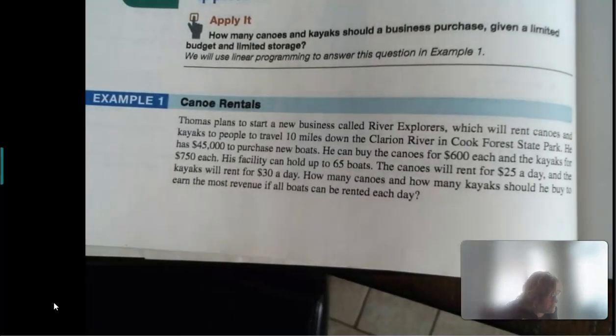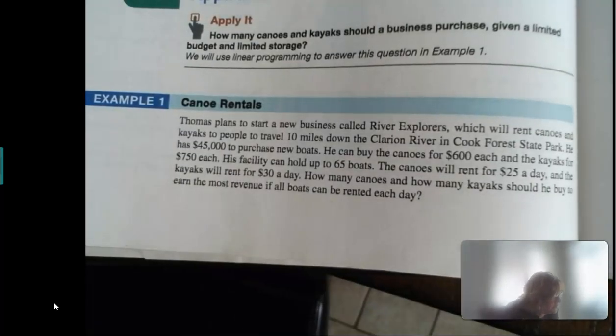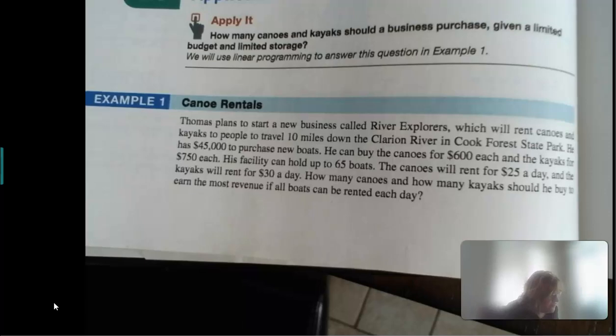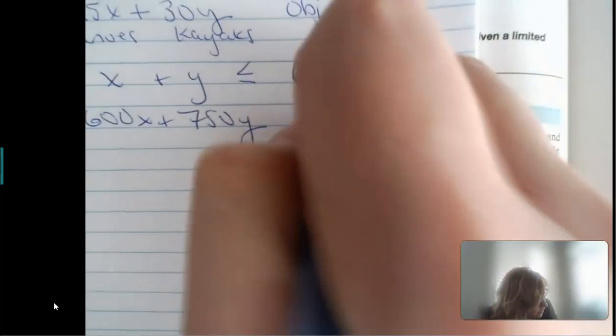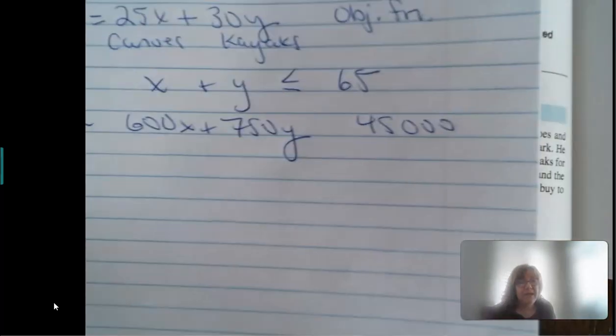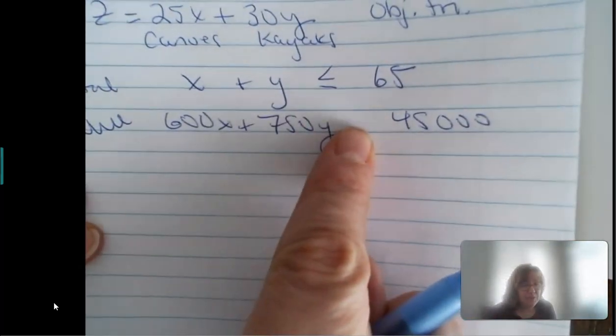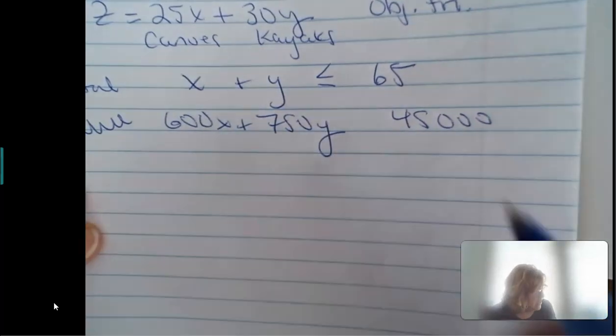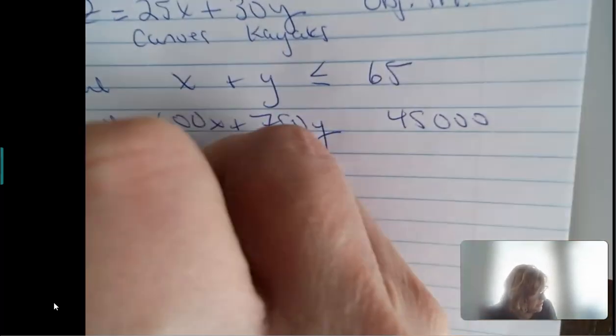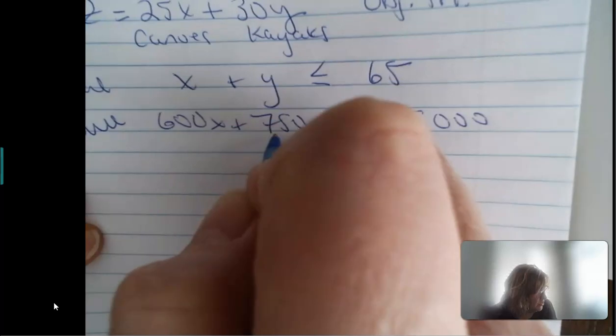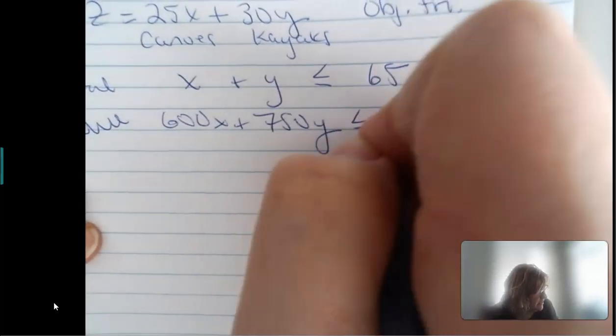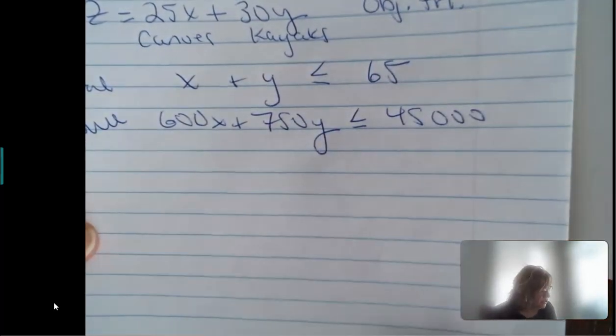Now, how much money does he have to spend on these things? He has $45,000 to purchase new boats. So I'm going to write 45,000. Again, what symbol? It's not going to be equal. He doesn't have to spend all his money, but he has a budget. So the 600x plus 750y has to be less than or equal to that budget.